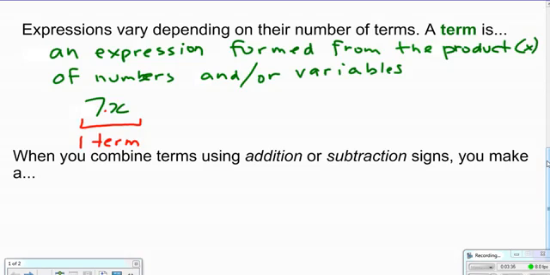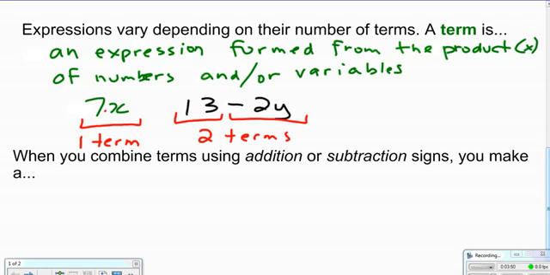If we look at another example we did, 13 minus 2y, we have two terms. So every time you see an addition or a subtraction sign, or a plus or a minus sign, it's separating a new term. So we could have something like this, negative 8x squared y cubed to the power of 4.